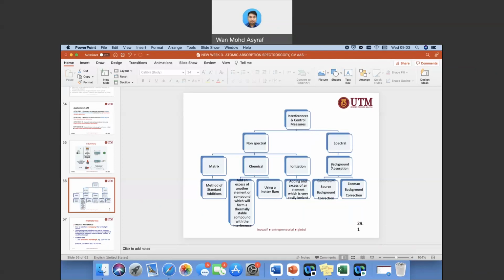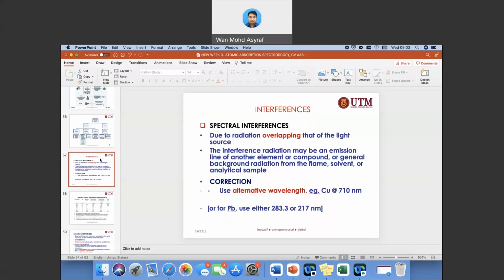For spectral interferences, it is just about the background absorption, the continuum source background correction, and also Zeeman background correction. So spectral interferences are due to radiation overlapping that of the light source.